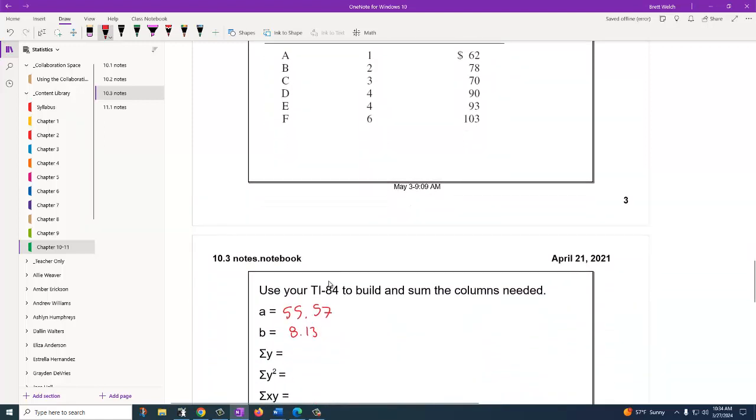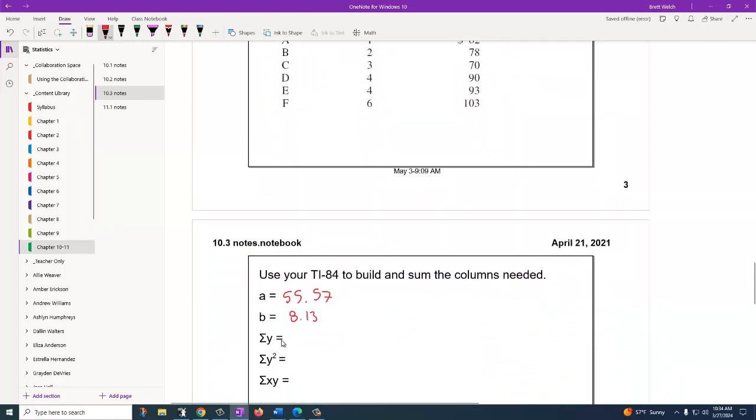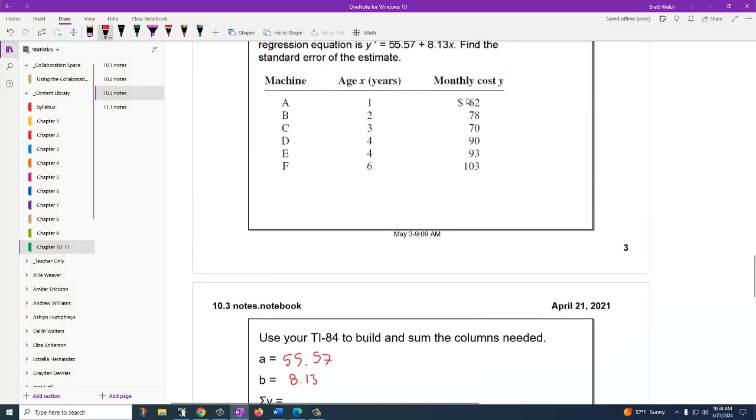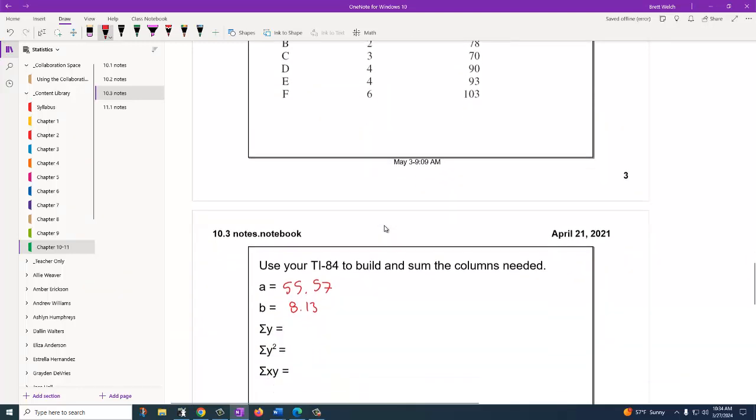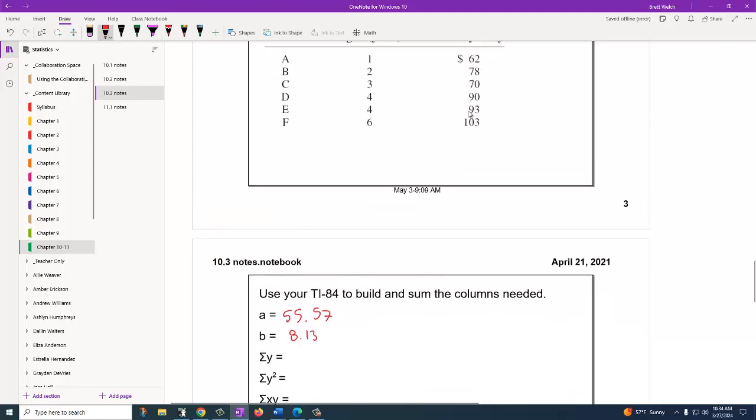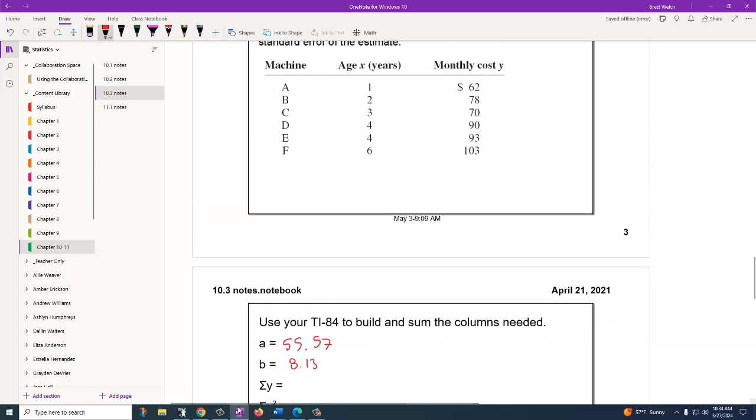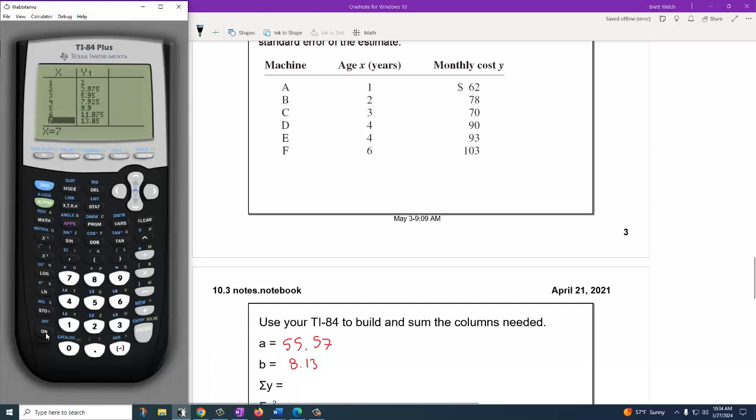Now I need to calculate these specific values: the sum of the y's, the sum of the y squareds, and the sum of the x times the y's. To make my life easier, because I'm going to have to do so many sums, I'm going to go to stat, edit, and in L1 type in my x values: 2, 3, 4, 4, 6.